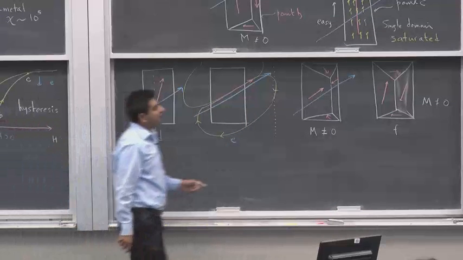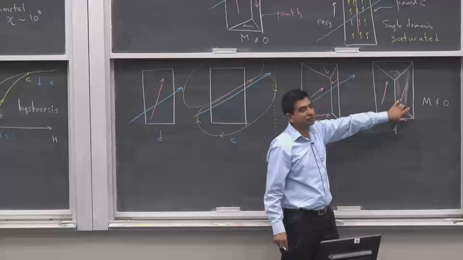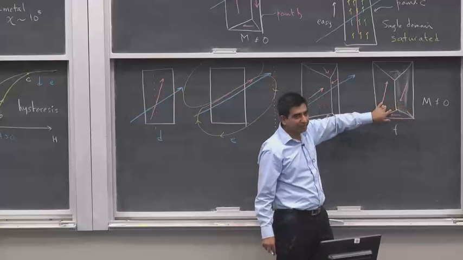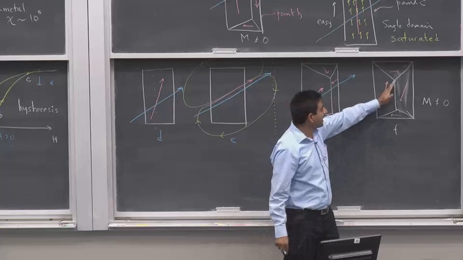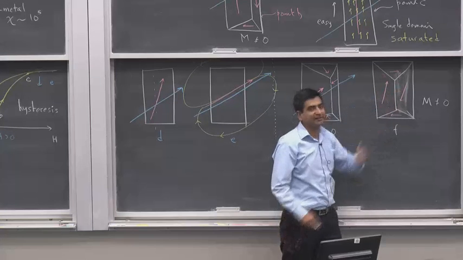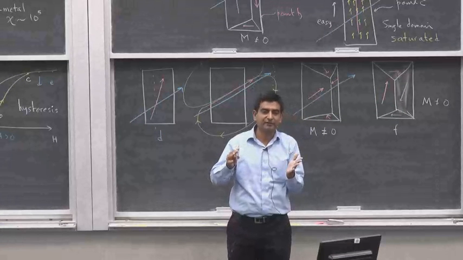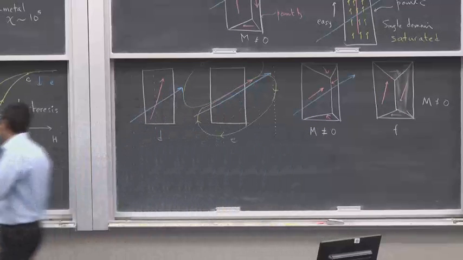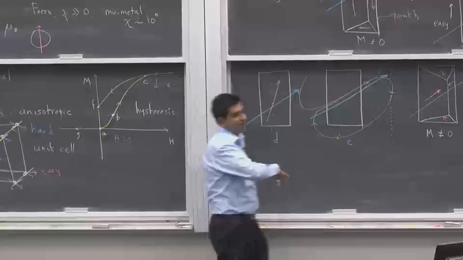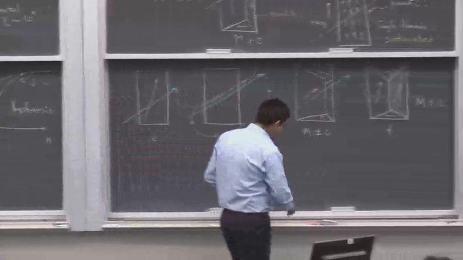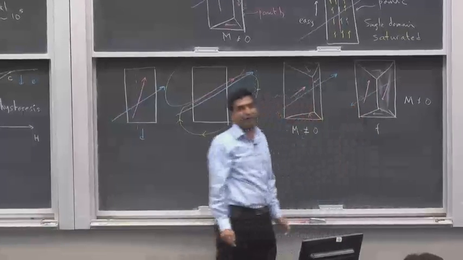If you would like the magnetization to really go back to zero, what you require is that this domain has grown to the same size as the left domain, and the net magnetization would then go back to zero, and the magnetization in each one of these domains is now along the easy axis. So at this point G, which requires the field to go in the opposite direction, you apply on top of this domain structure a field in the opposite direction.